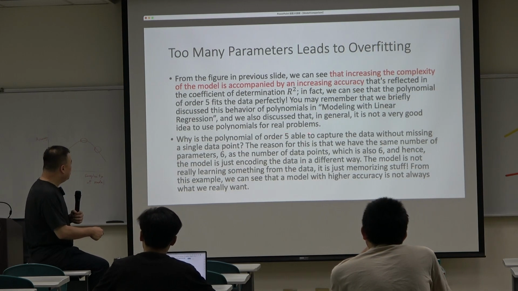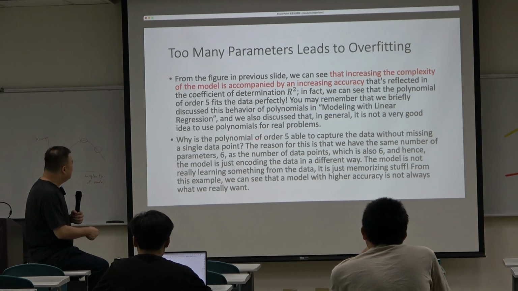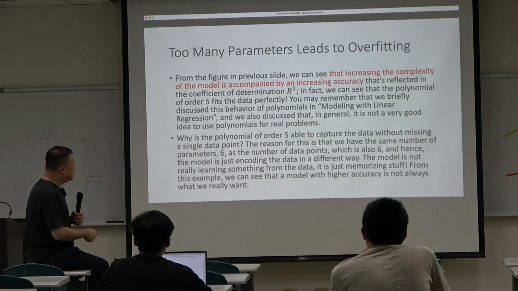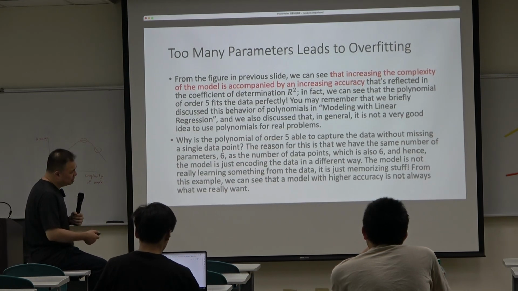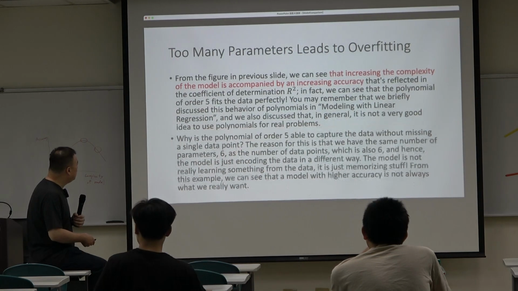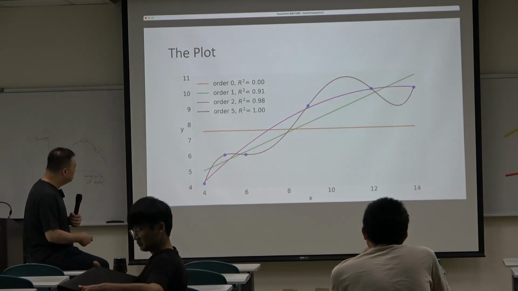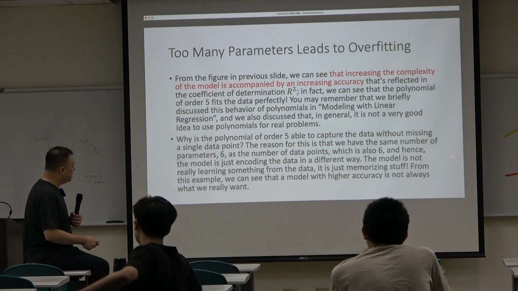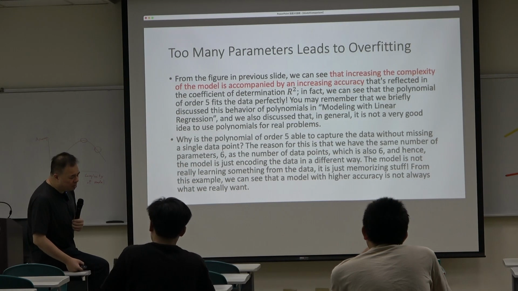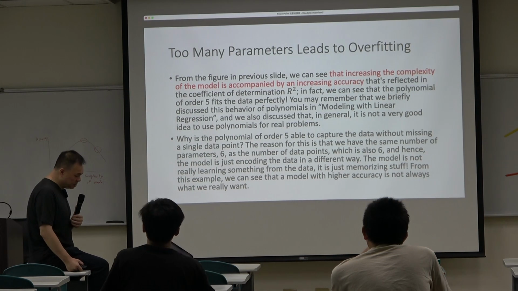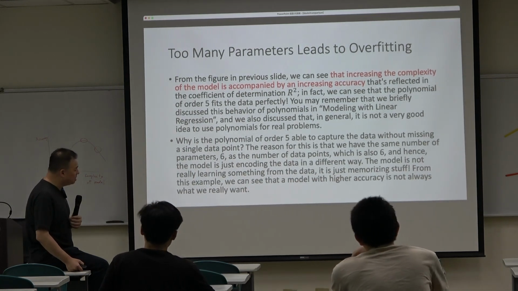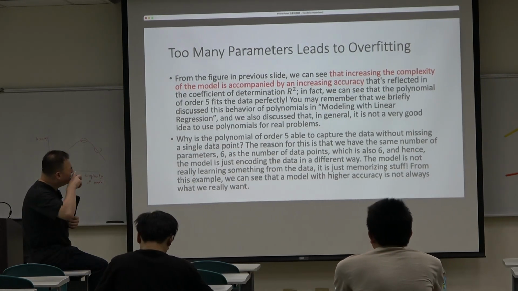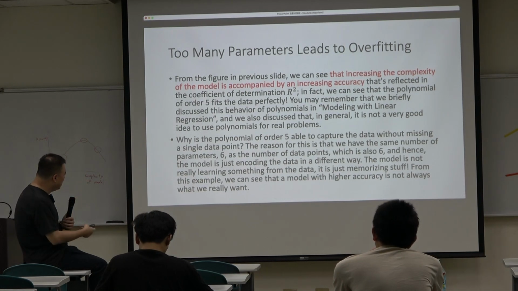The polynomial of order 5 is able to capture the data without missing a single data point, because we have only 6 data points in this particular example. Obviously, the model of order 5 has 6 unknowns, which is enough for us to capture these 6 data points without any problem.